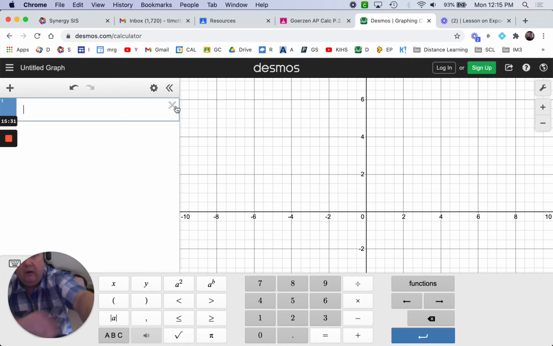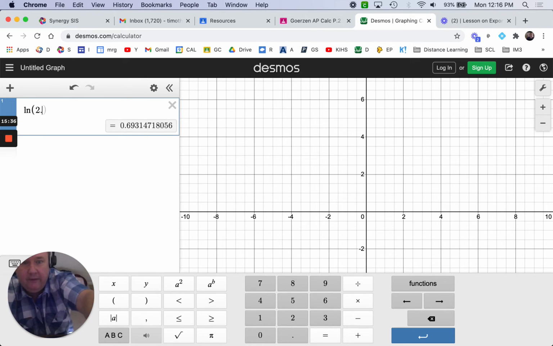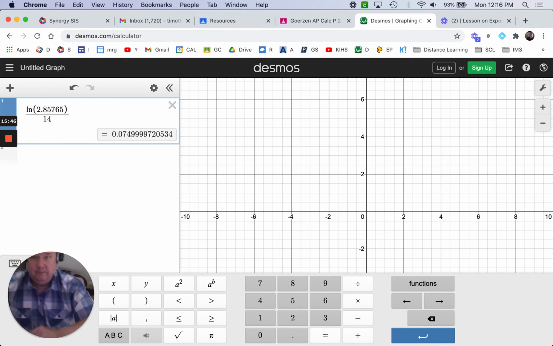So it's ln 2.85765. Move the cursor, divided by 14. So there's the interest rate. So I'm going to write down 0.075. Rounded.